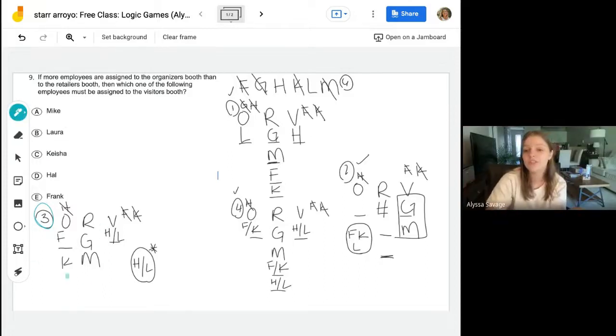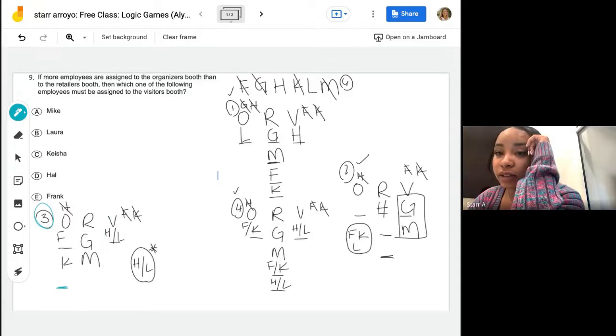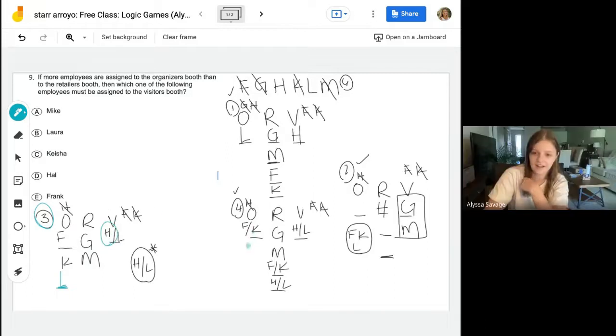In order for us to use world 3, what would have to take that third spot in O for O to have more than R? Oh, H. I mean L. L has to be in O now, because H can't. L is more of a floater and H is a little bit more restricted. And then it forces H to go into the visitor spot.